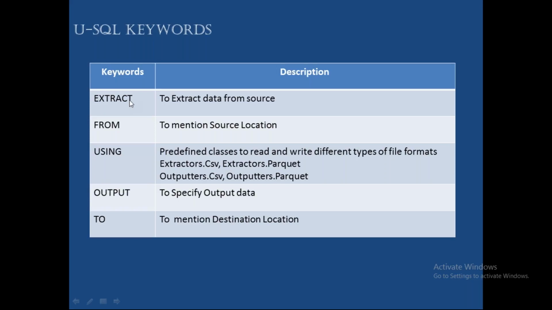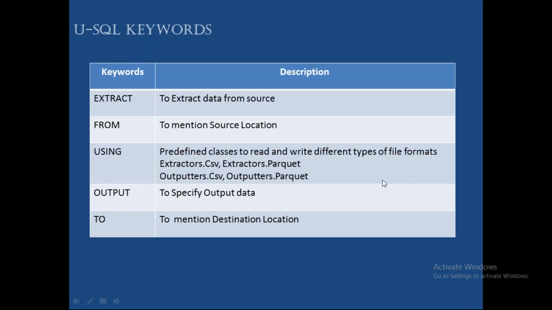To extract from a particular location you need to use some predefined classes called extractors. Using Extractors.Csv if you are going to extract CSV files; if you want to extract Parquet data, Extractors.Parquet; Extractors.Avro, and so on.